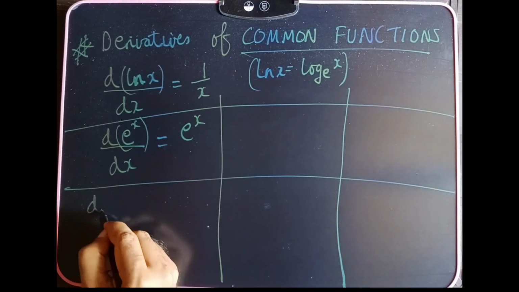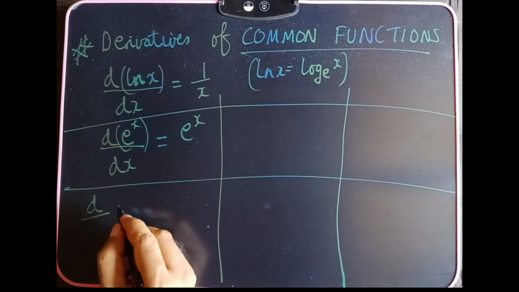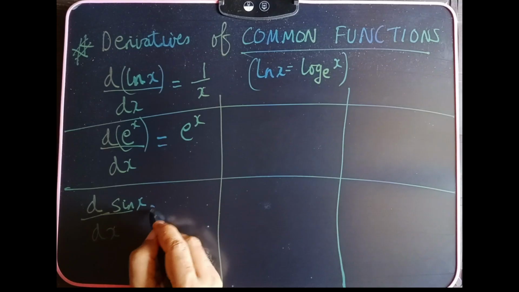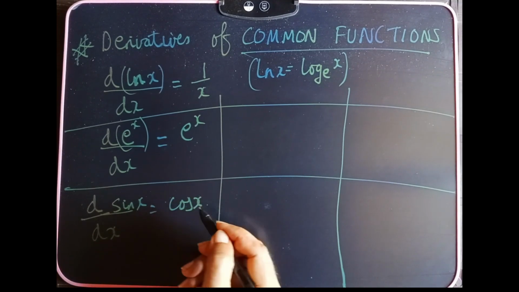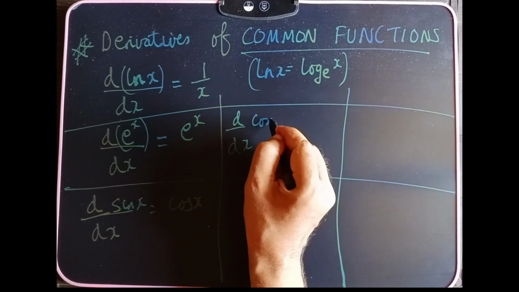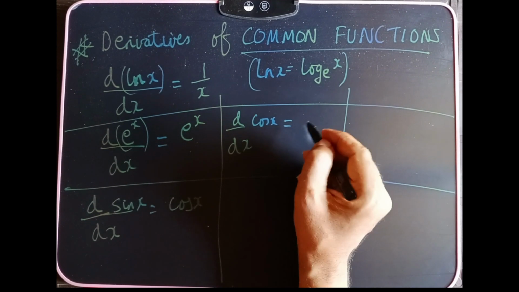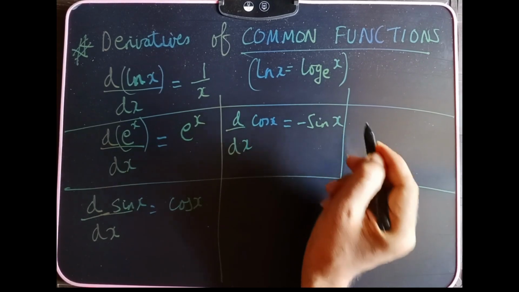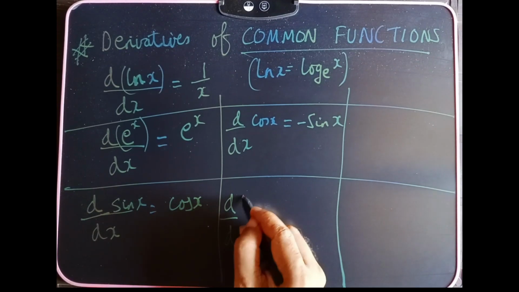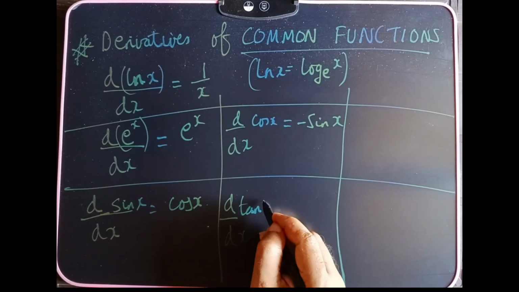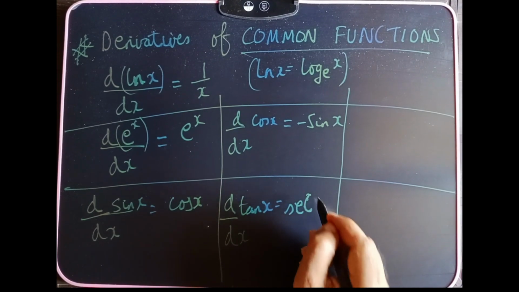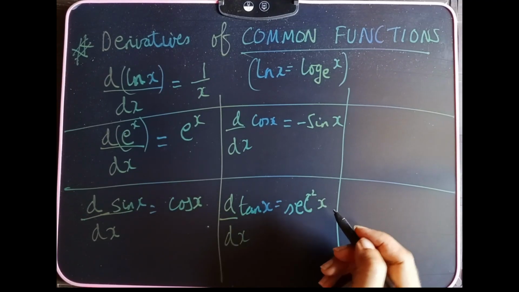Now the derivative of sin x with respect to x is cos x. The derivative of cos x is minus sin x. These rules you have to remember. The derivative of tan x is sec square x.